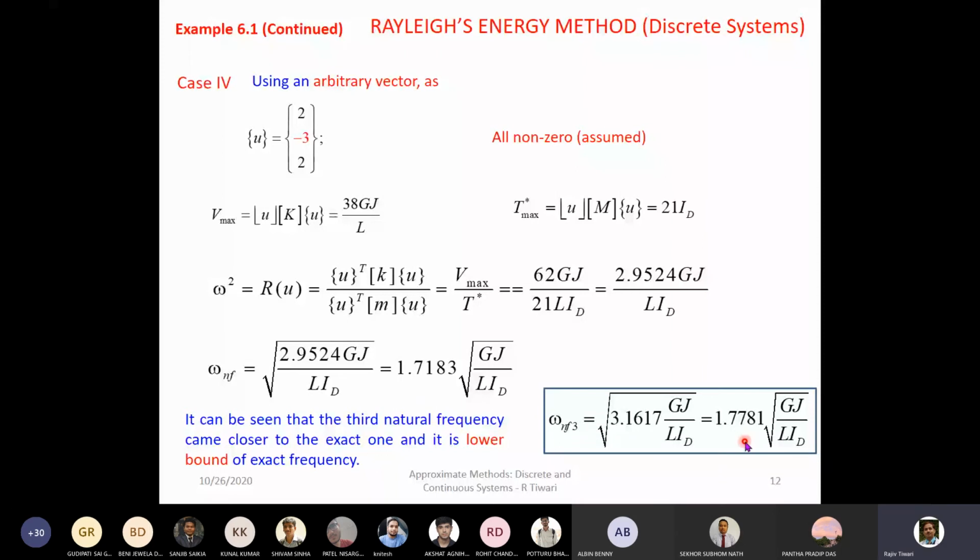We already know from the enclosure theorem that the prediction will always be more than the fundamental natural frequency, but for the maximum natural frequency, the prediction will be less. We are able to check that. It's quite close, but still less. So for the highest natural frequency, we get the lower bound from this Rayleigh's quotient.